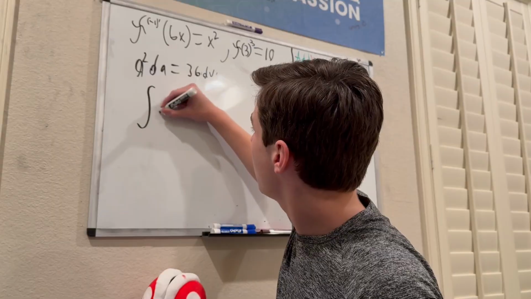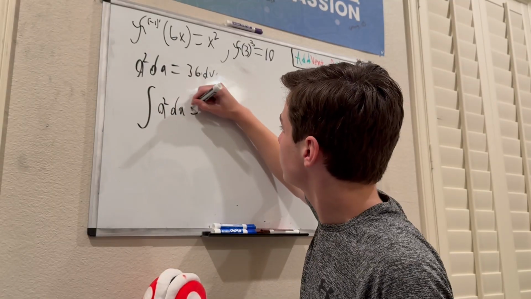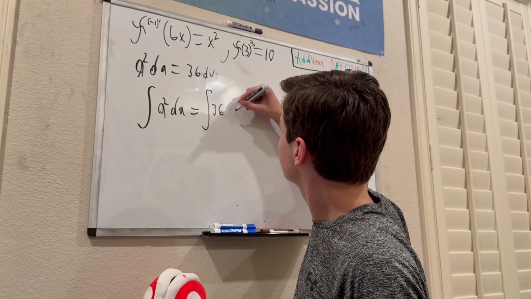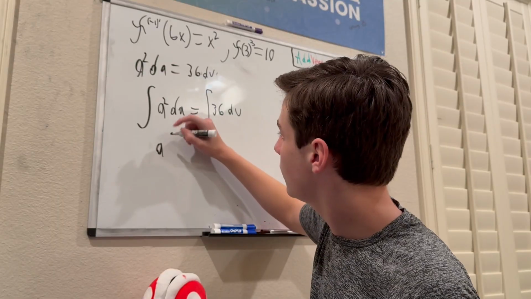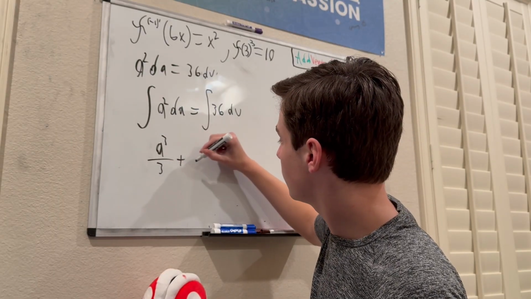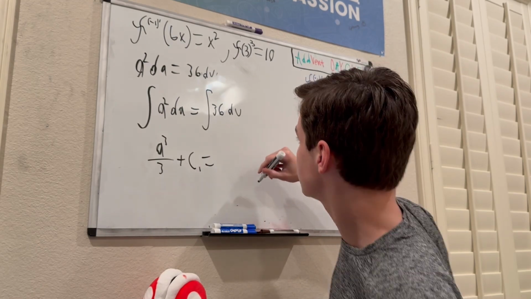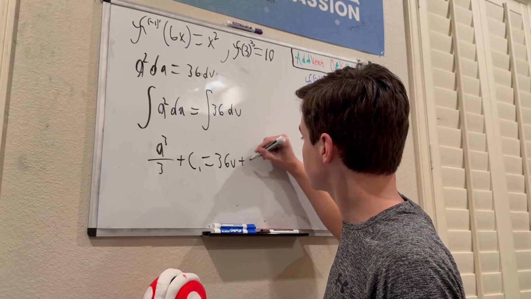And now what we can go ahead and do is integrate both sides. So the integral of a squared with respect to a is going to be equal to the integral of 36 with respect to u, which is going to be a cubed divided by 3 plus our constant c1, and this is equal to 36u plus our second constant.